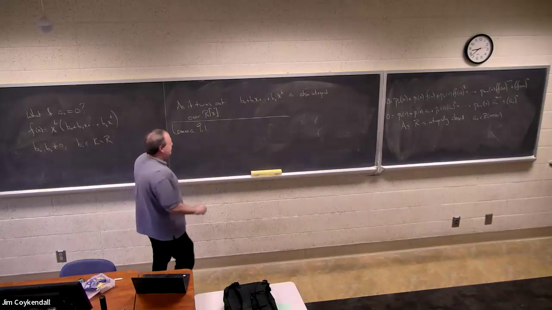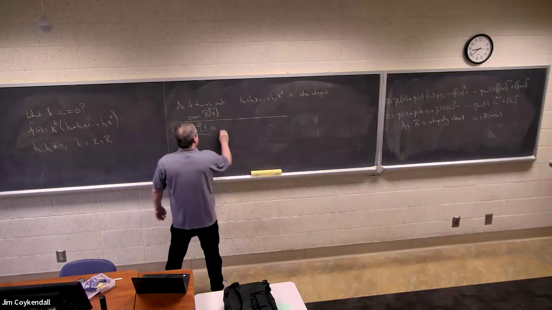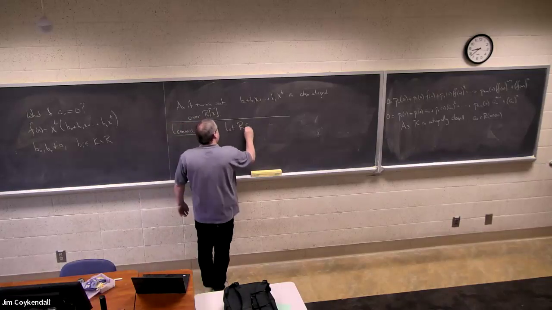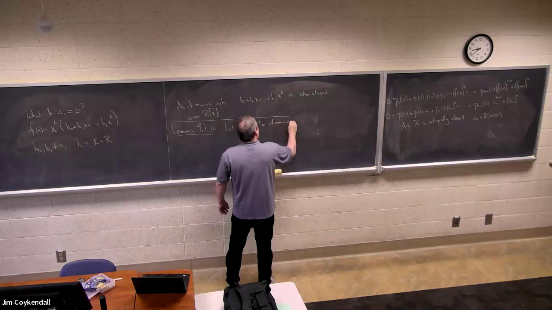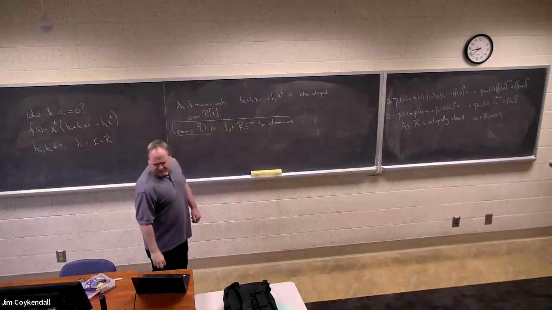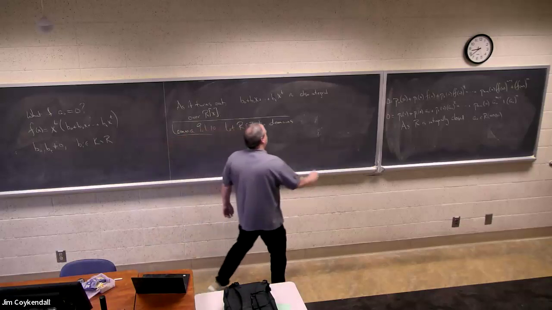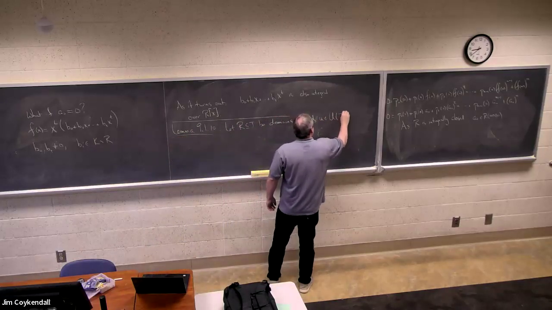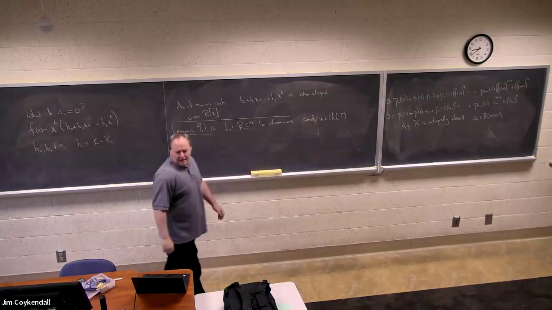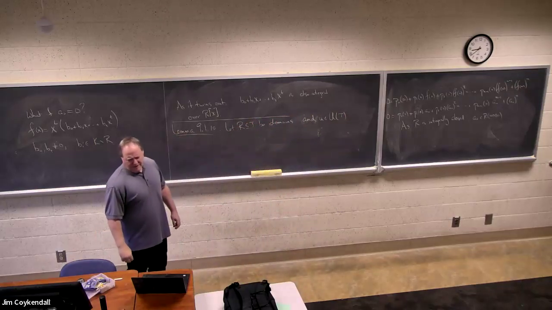Lemma 9.1.10. Let R be a subring of T, both domains, and u a unit in T. So u is a unit of the larger ring here.